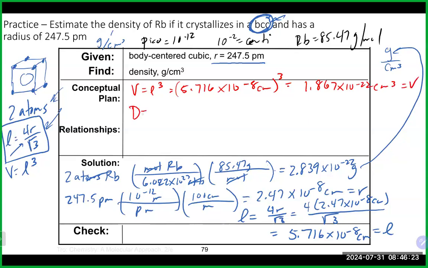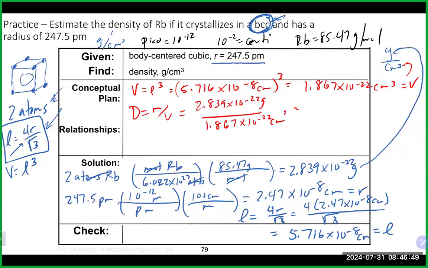And now our density is our mass divided by volume. So taking the mass that we got before, 2.839 times 10 to the minus 22 grams divided by 1.867 times 10 to the minus 22 cubic centimeters, I believe.